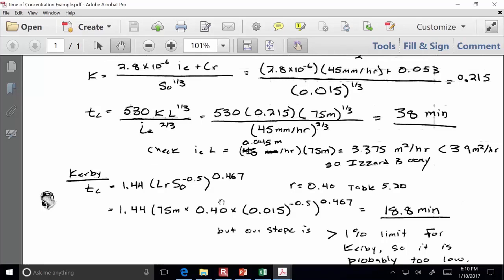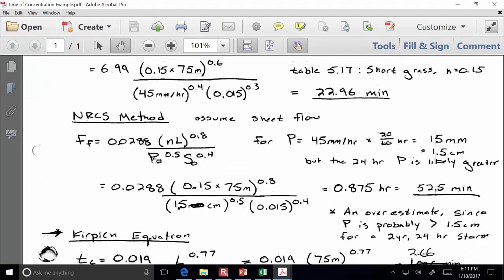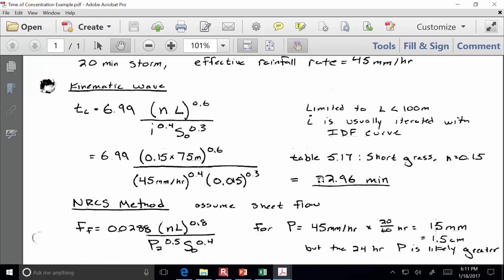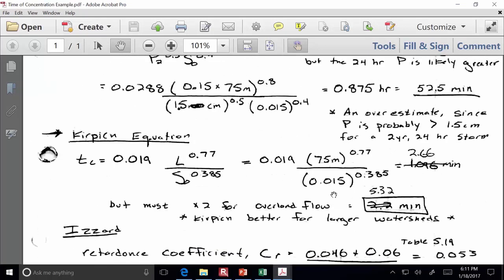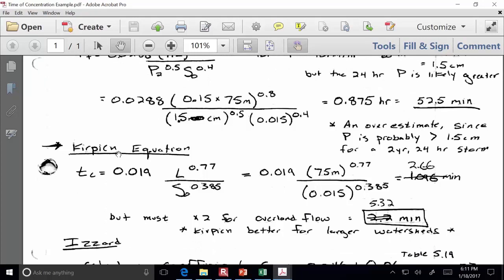In my case, I use the NRCS method whenever possible. I'd like to use kinematic wave, but you're limited on the distances. When we go into watershed modeling, there are a few other methods that are used for large watersheds besides the Kirpich equation.